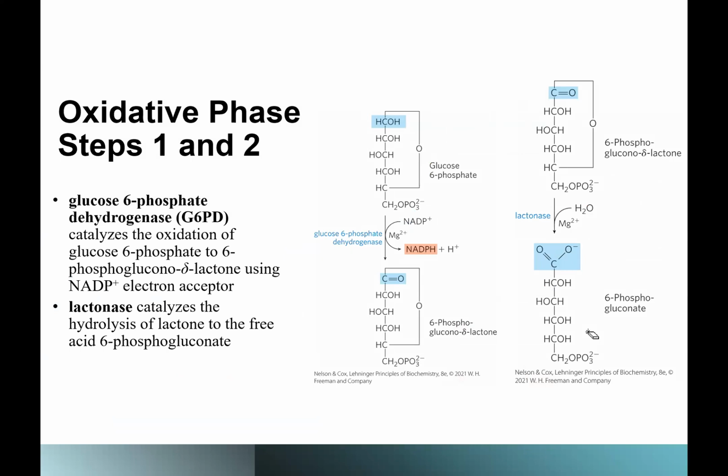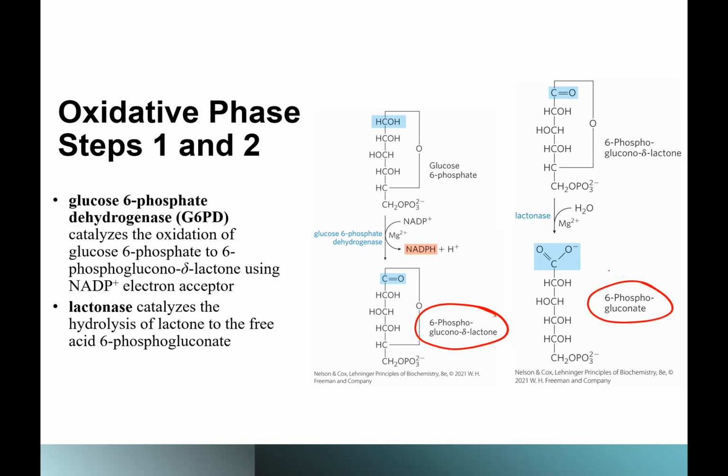So let's look at the first couple steps of the oxidative phase, where we produce a couple compounds here, 6-phospho. You don't have to know all these intermediates, by the way, I don't really care. But this is what occurs, right?